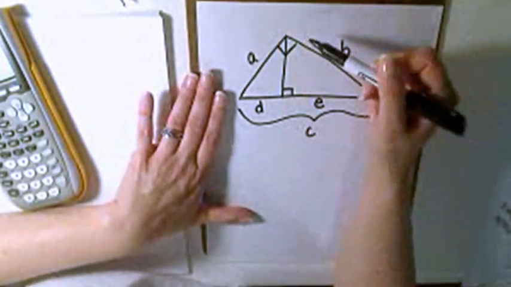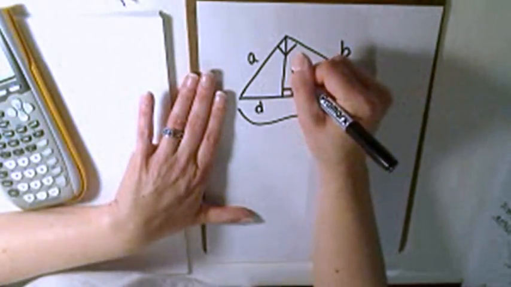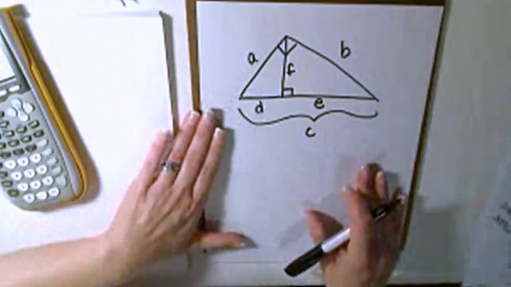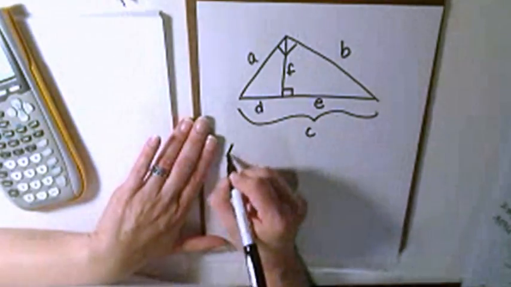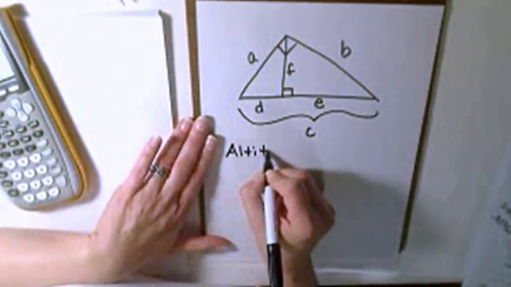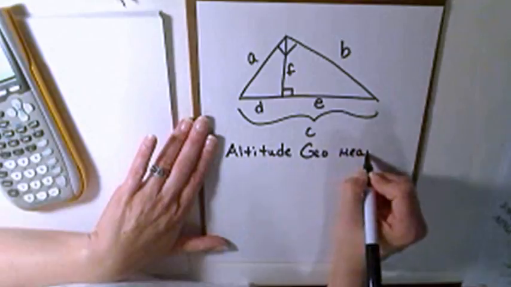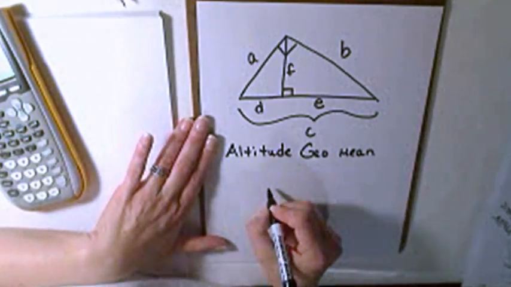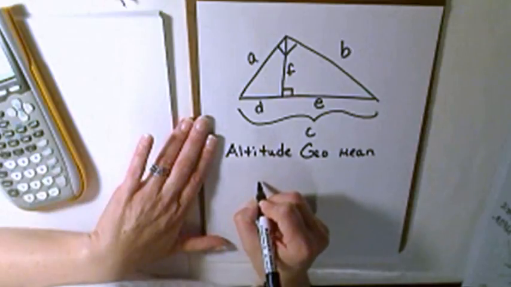So we have a right triangle. We drop an altitude to the hypotenuse. Let's call that altitude F. The two theorems we're going to walk away with are the altitude geometric mean, which says the altitude is the geometric mean between the two segments of the hypotenuse.